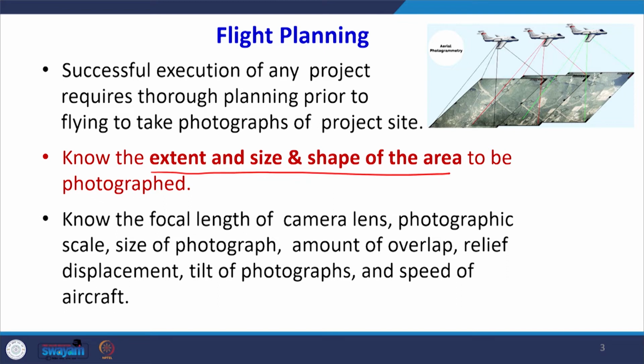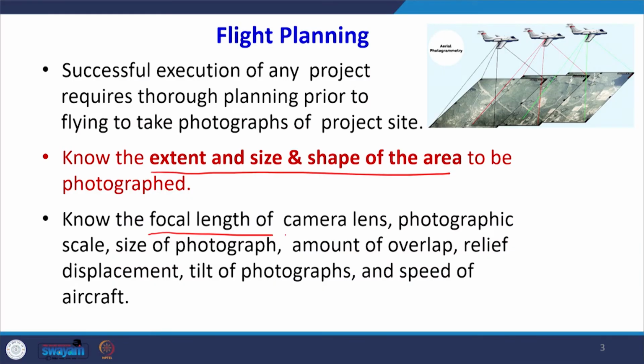In order to take the photographs, during flight planning some parameters must be known to us, like the focal length of the camera lens, which is supplied along with the camera you are going to use. What will be the scale of the photograph, the size of the photograph, the amount of overlap, whether you are taking 60% or more, 60% being the minimum.